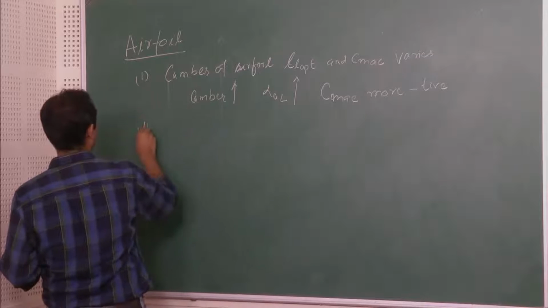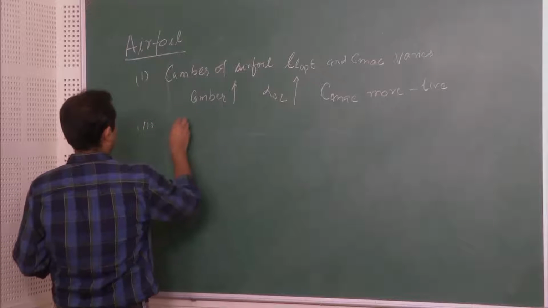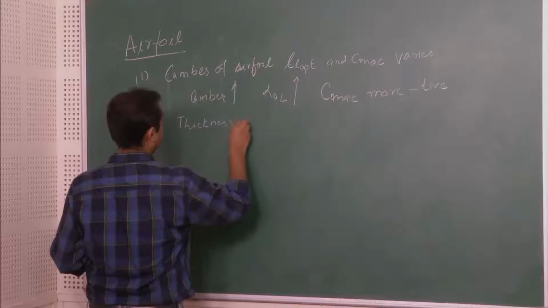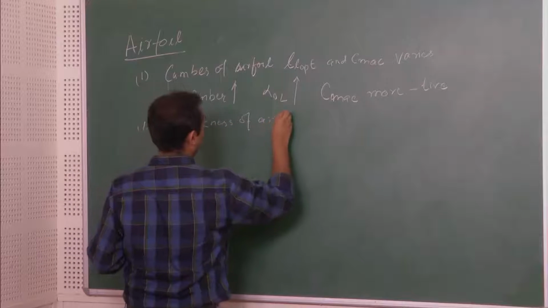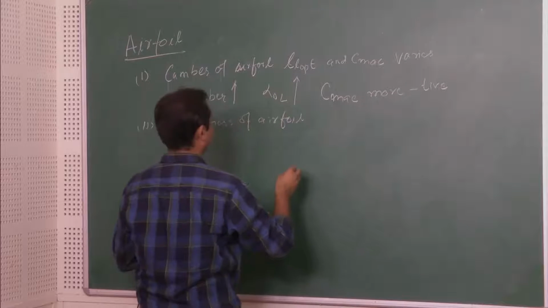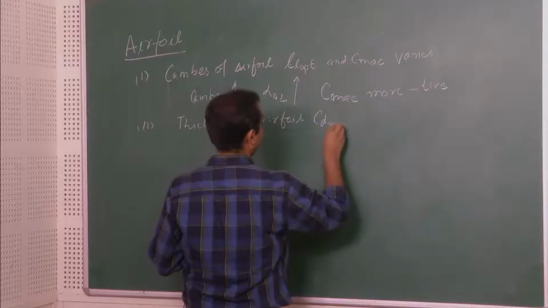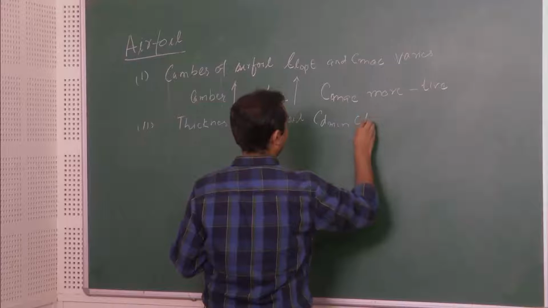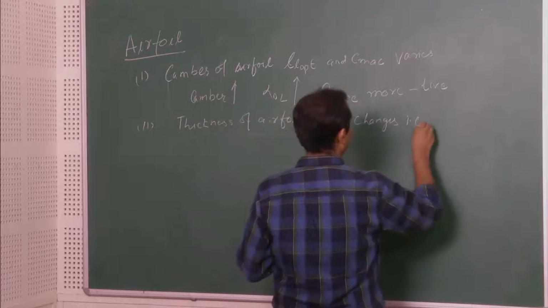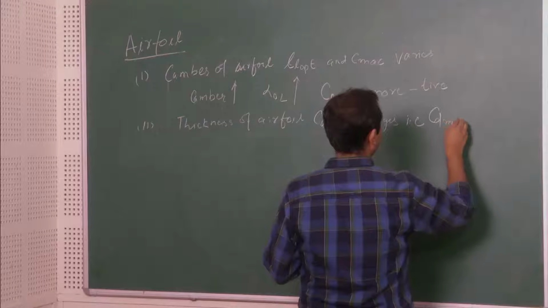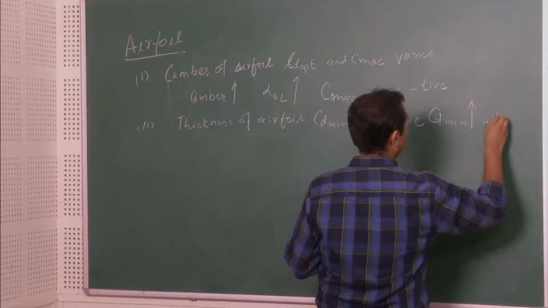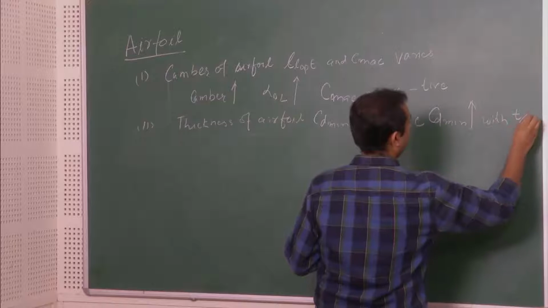Second point, thickness of an airfoil: your CD minimum changes. That is, CD minimum increases with t by c value.